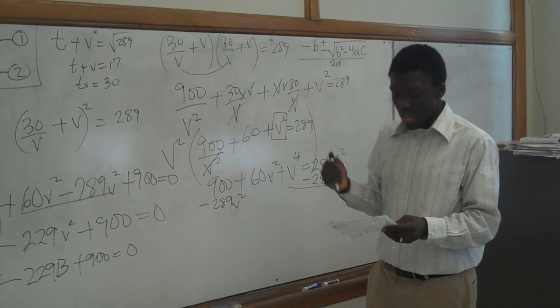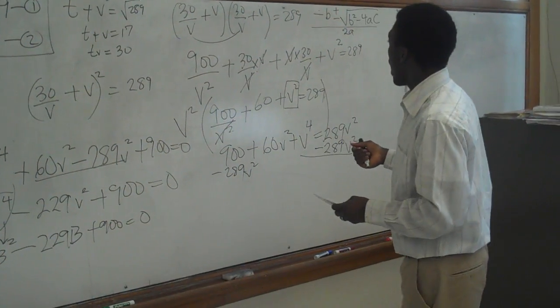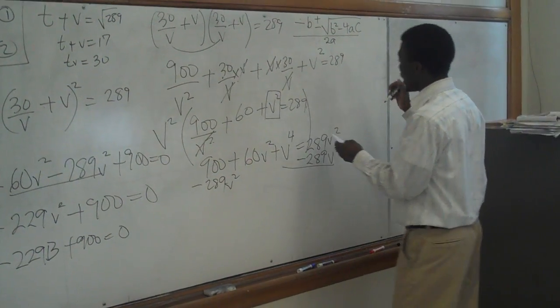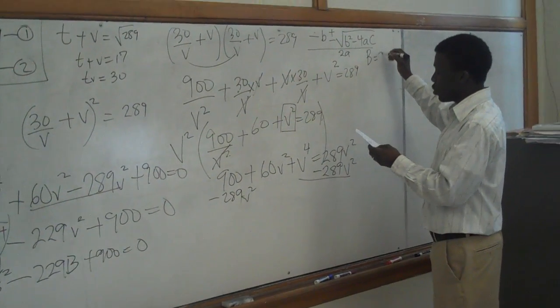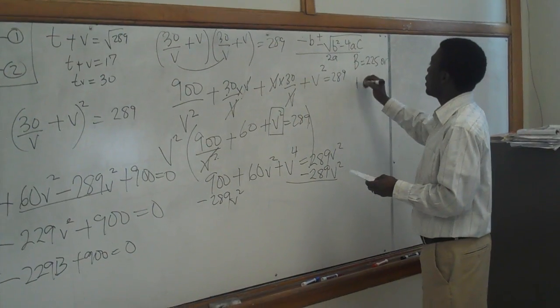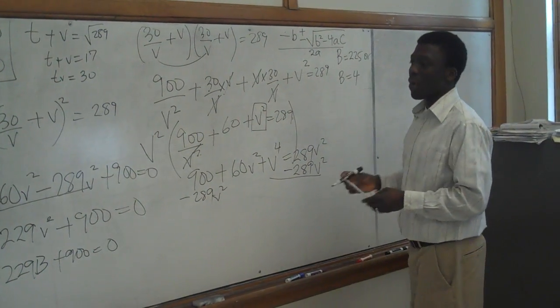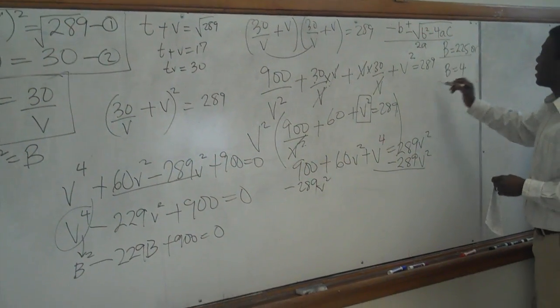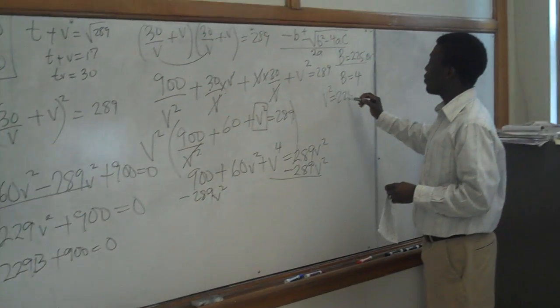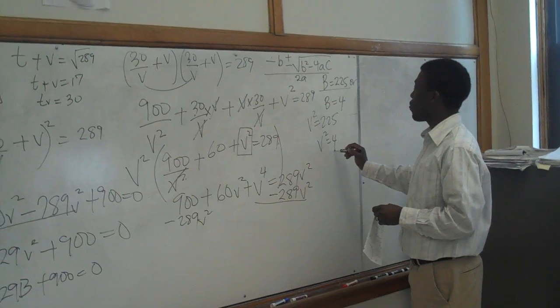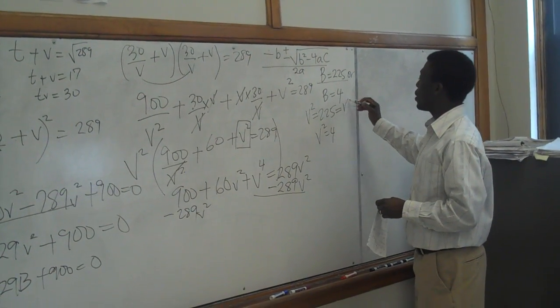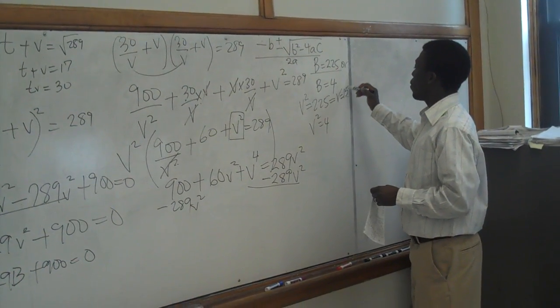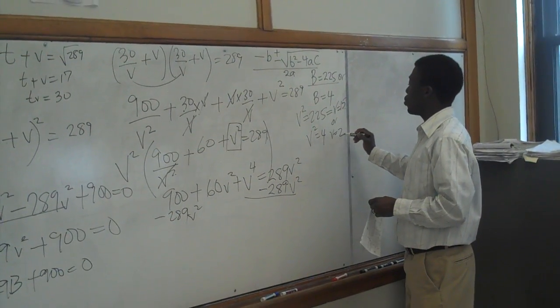We plug in our a, our b, and our c, and we'll come to realize that b is equal to 225 or b is equal to 4. However, we established that v squared was equal to b. So what we're saying is v squared is equal to 225 or v squared is equal to 4. So v would be equal to 15 or v would be equal to 2.